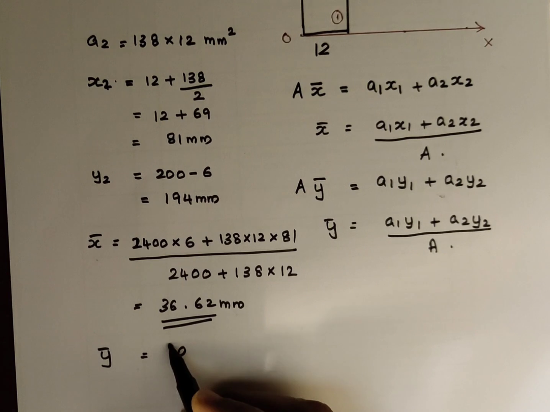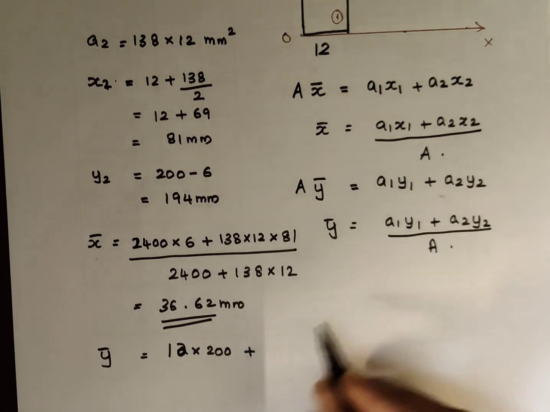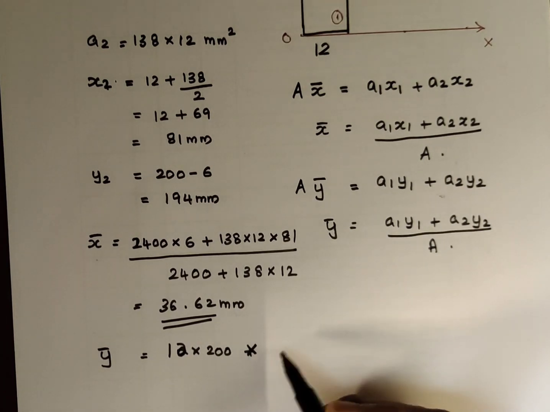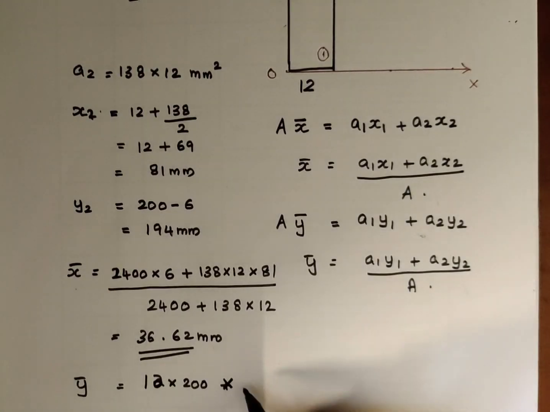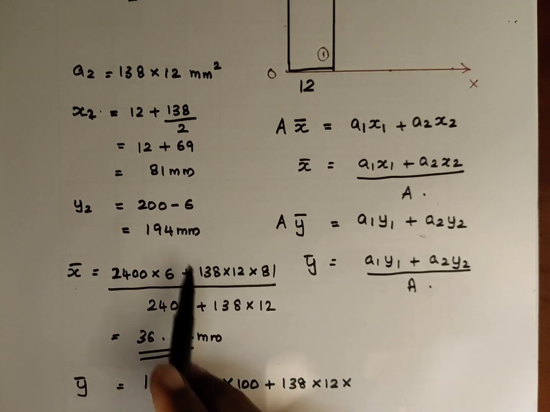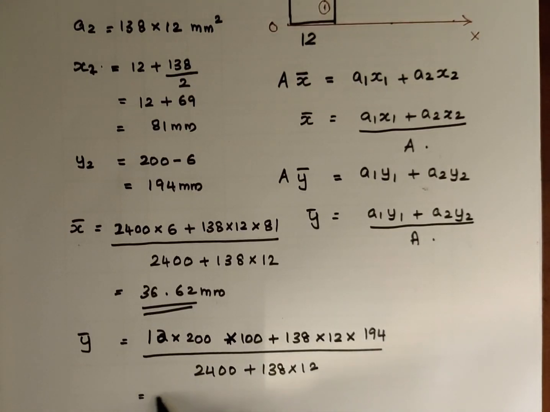Here a1 is equal to 12 into 200, into y1, y1 is 100, plus 138 into 12 into y2, y2 is 194, divided by 2400 plus 138 into 12. That is equal to 138.38 millimeter.